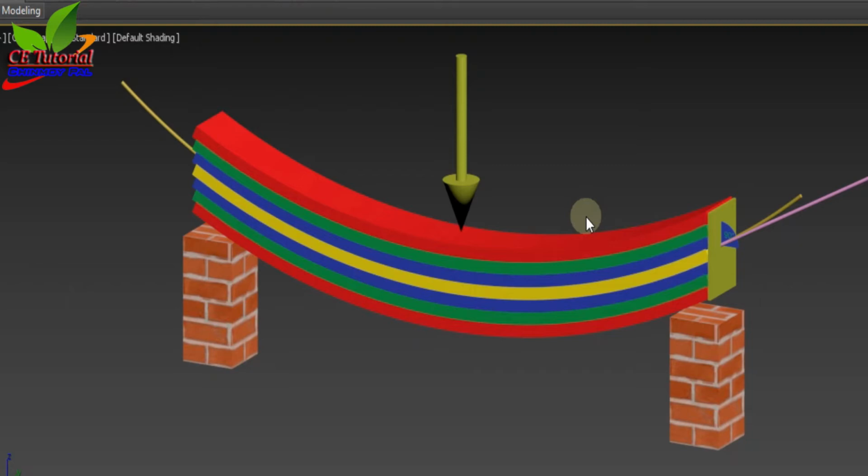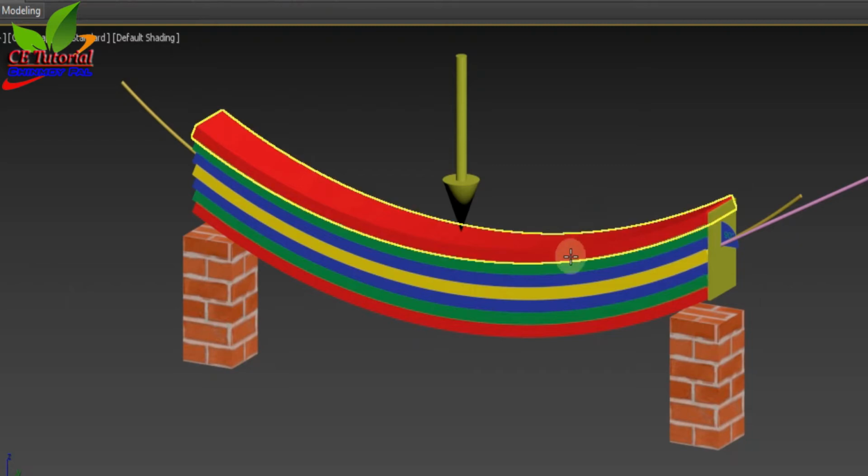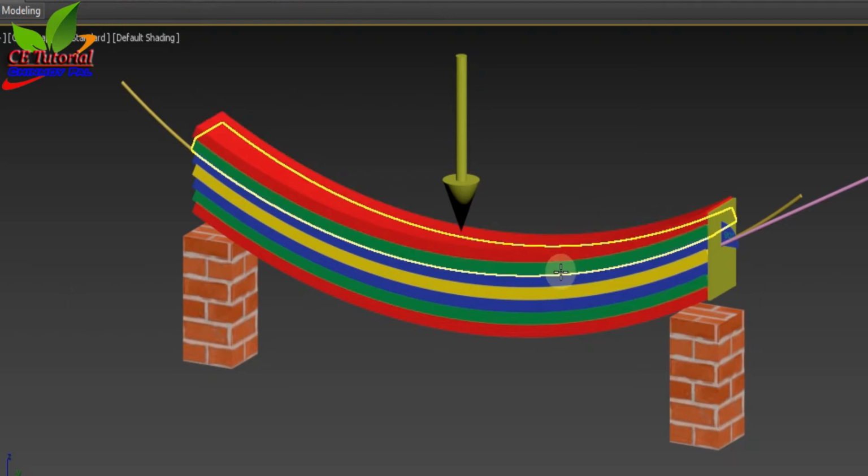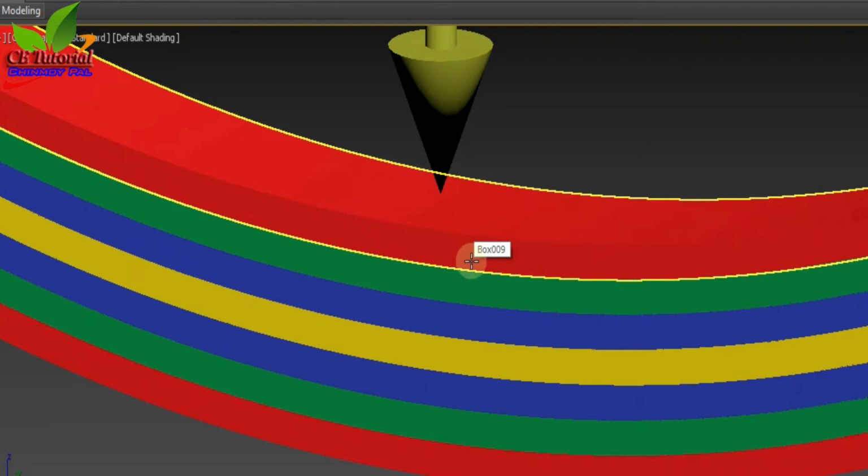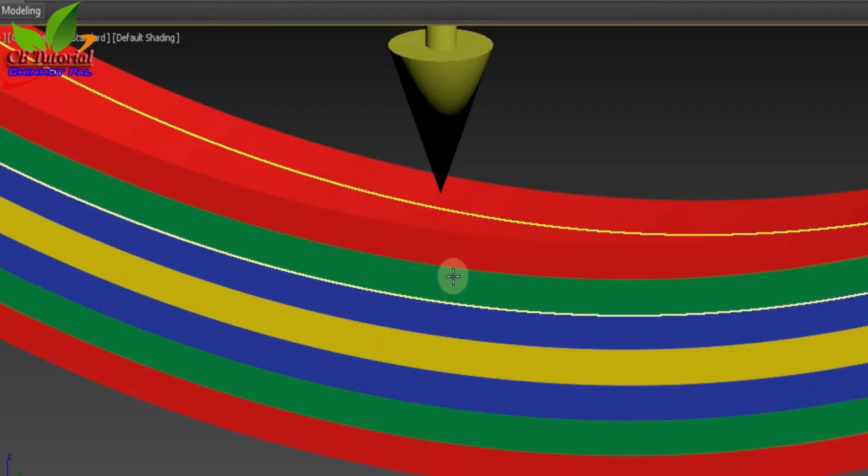So each and every layer gets compressed and extended at top and bottom. There is no common surface between two adjacent layers. Therefore, the bottom surface of the upper layer will slide over the top surface of the bottom layer.